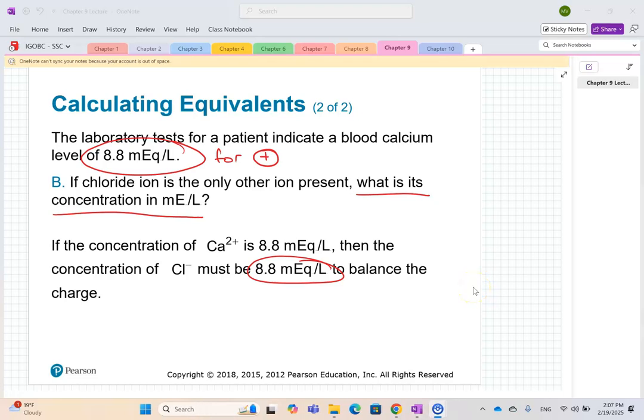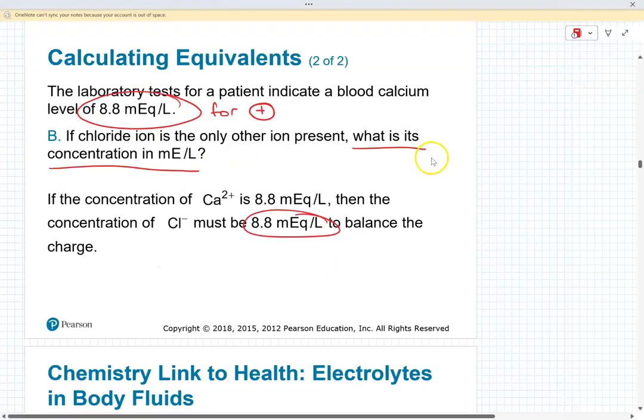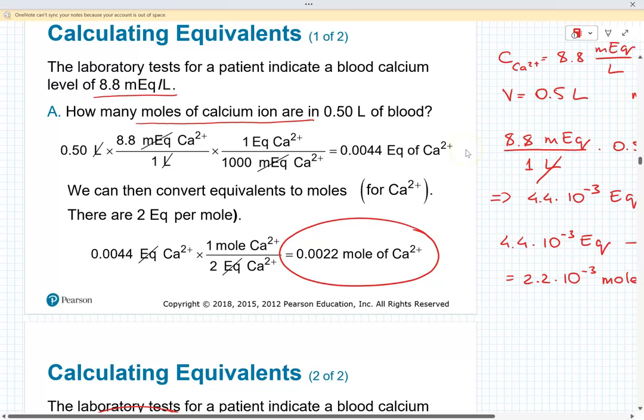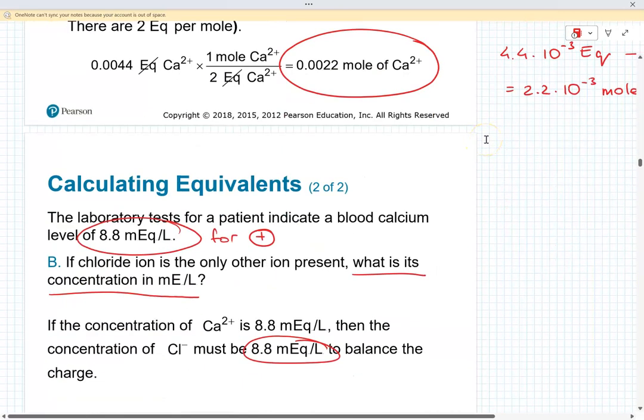Last time we were talking about equivalence, right? Basically the concept of an equivalent as the measure of charge rather than concentration of individual ions.